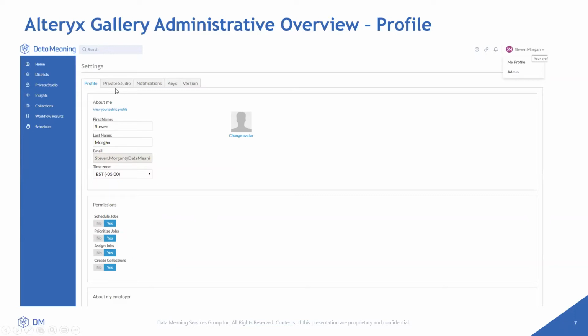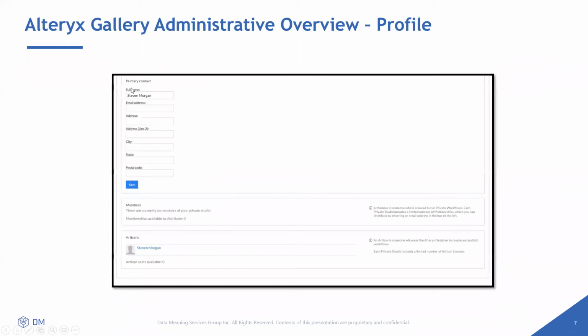The next little area is going to go into this private studio tab, where the name of the private studio would be listed up here, but then you have some contact information as to who is the owner of that private studio. And you also have a listing of members and artisans that have access to that private studio.